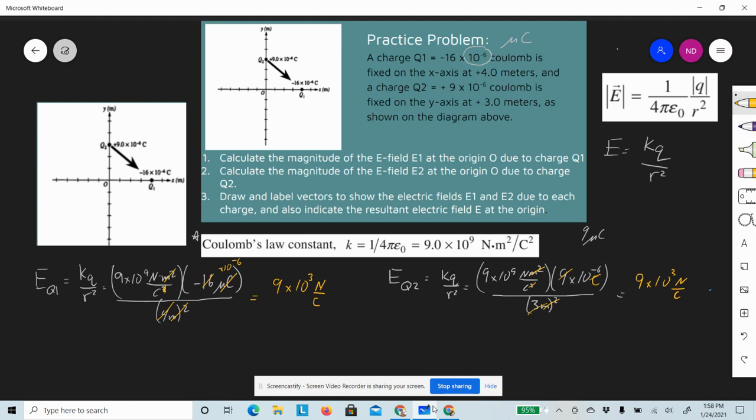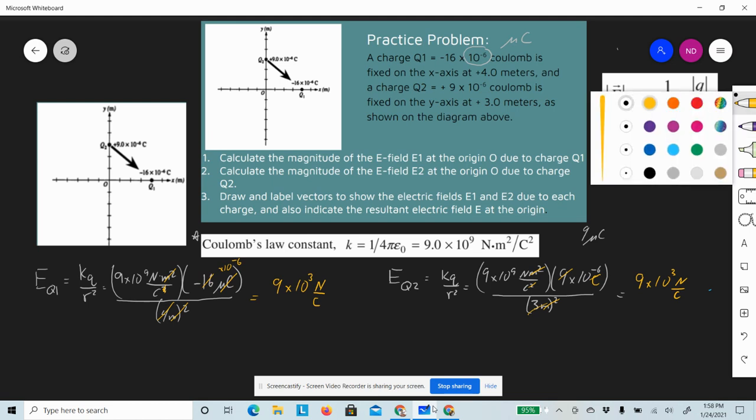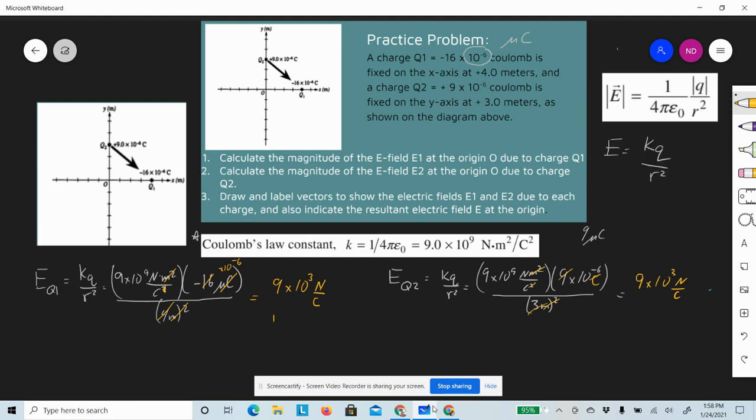So here's what we've got from Q1. One second, important ideas. This is negative, right? We have to go into negative. So Q1's field is going to be that way.